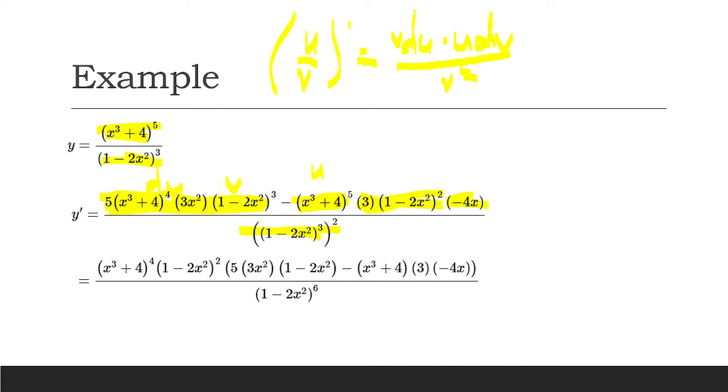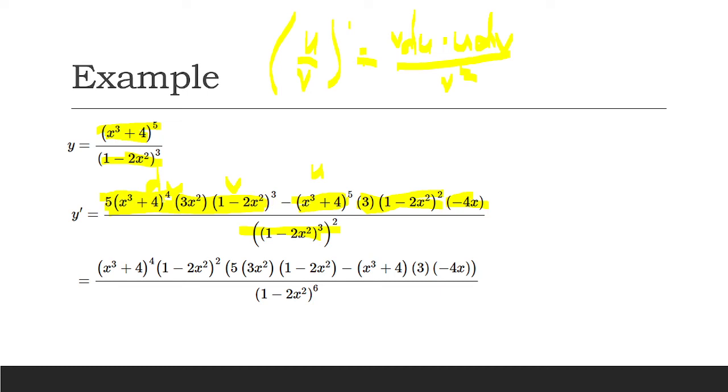Wait, let me double check. So, we have 1 minus 2x squared. Times 5 times 3x squared times 1 minus 2x squared.